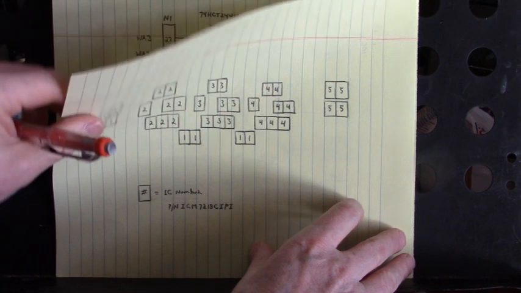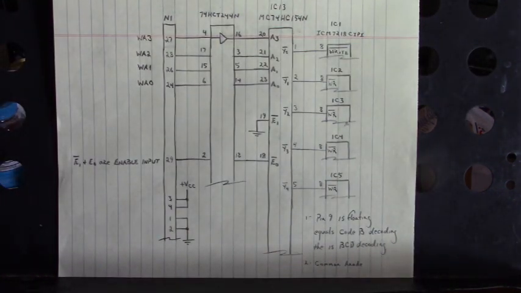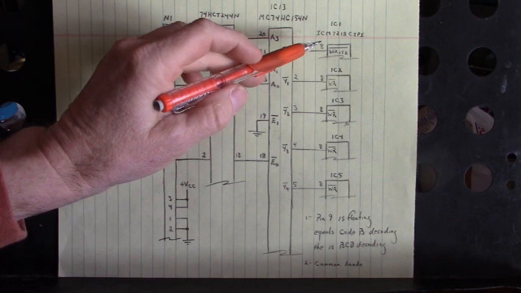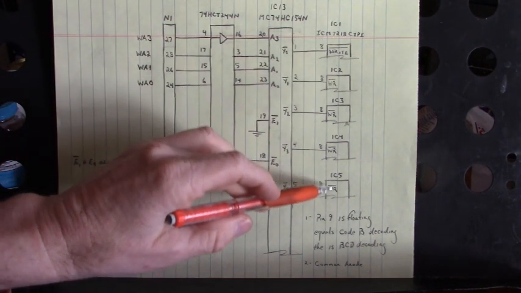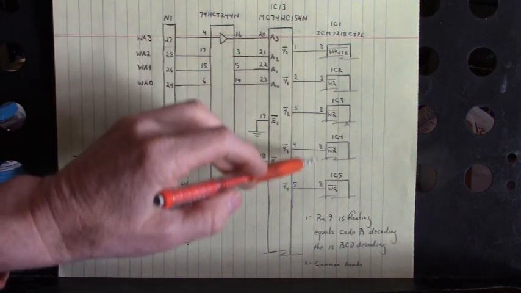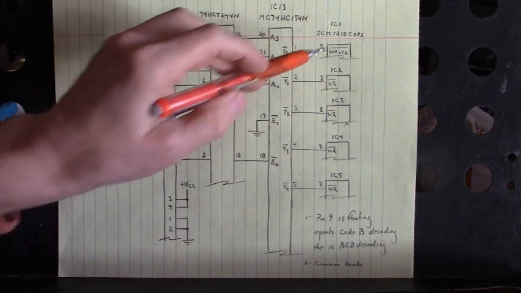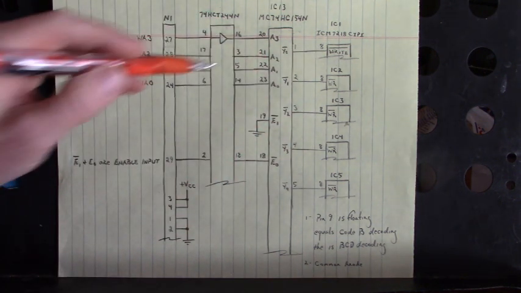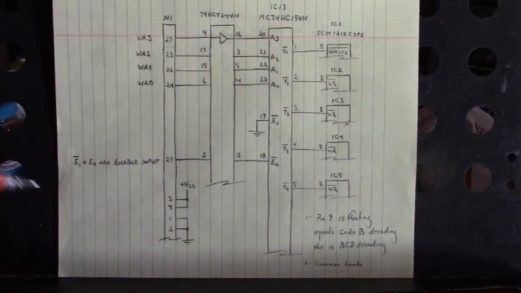Let's go back. There's an MC74HC154N. And its purpose is to drive these right inputs on pin 8 of each ICM7218C low and then high again.